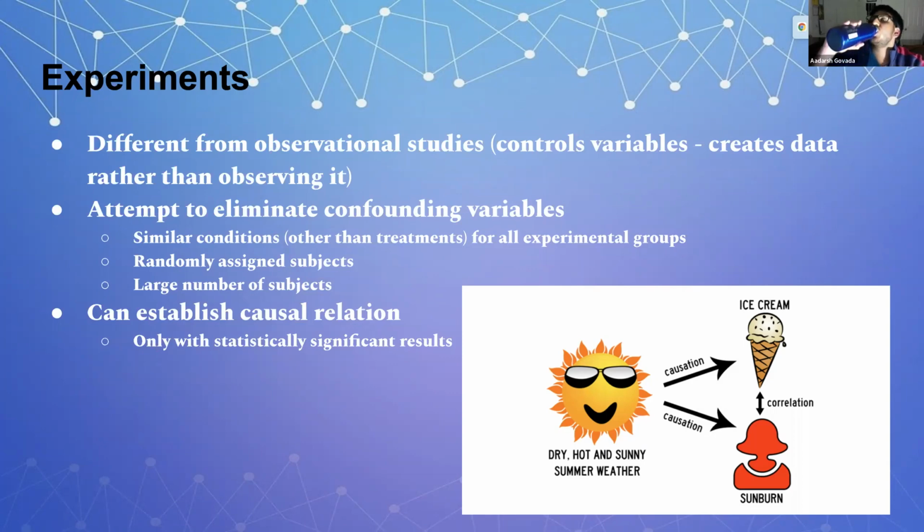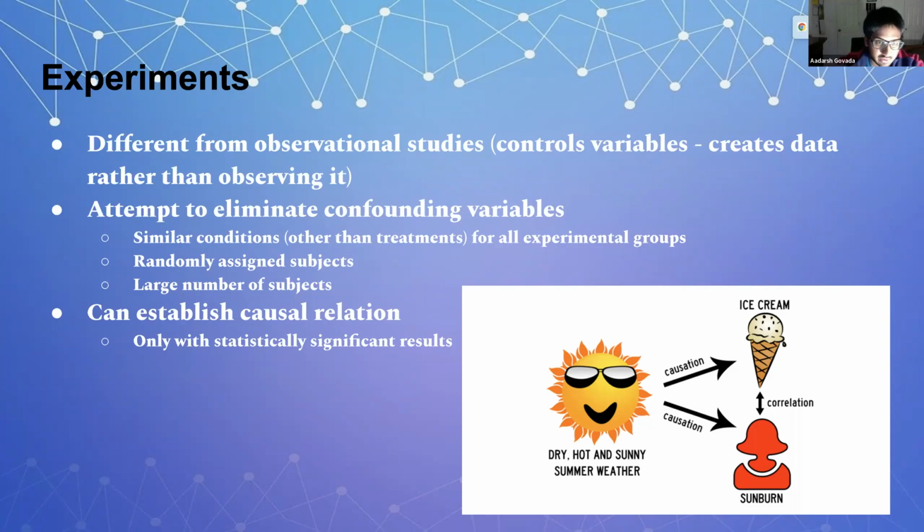So an example of an observational study would be looking at, say, SAT scores from the past year. That would be a retrospective observational study. Whereas an experiment for a similar purpose would be taking a group of students, testing their SAT scores before, and then putting them through a course, and then testing their SAT scores after.